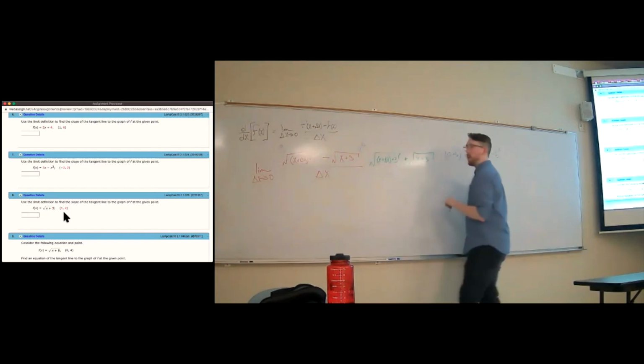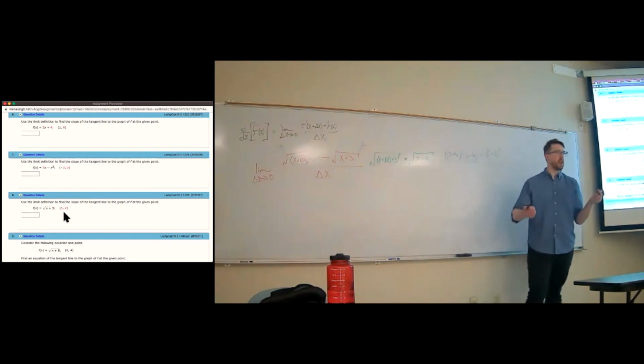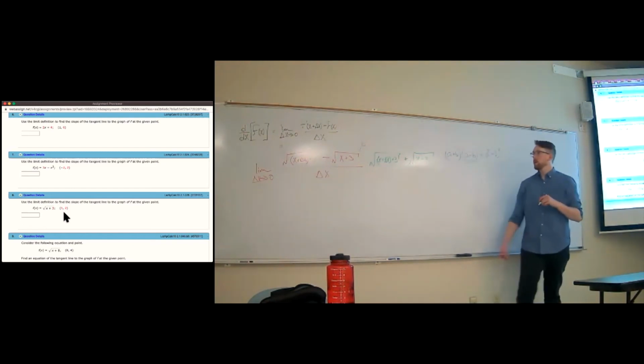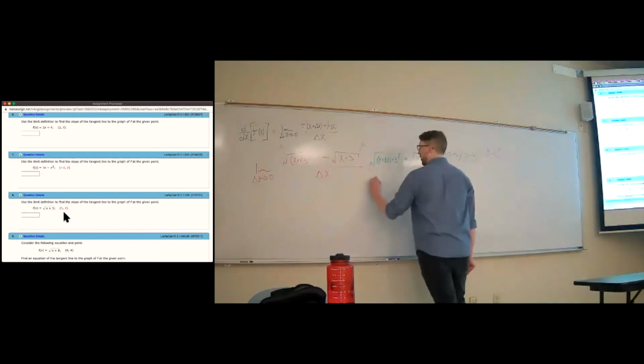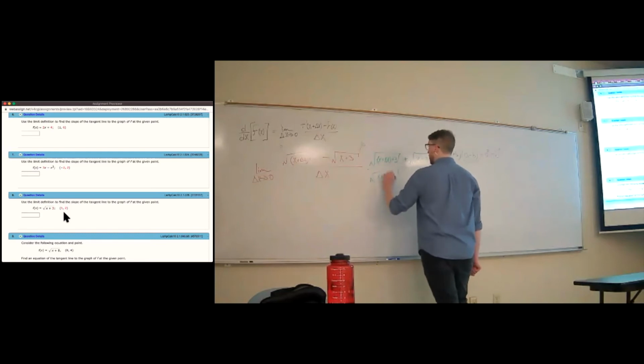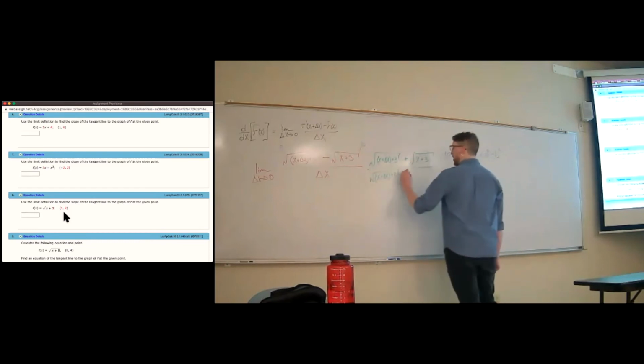Well, we can't just multiply by that because that changes everything. We've got to multiply by 1, so let's divide by that as well: the square root of x plus delta x plus 3, plus the square root of x plus 3.